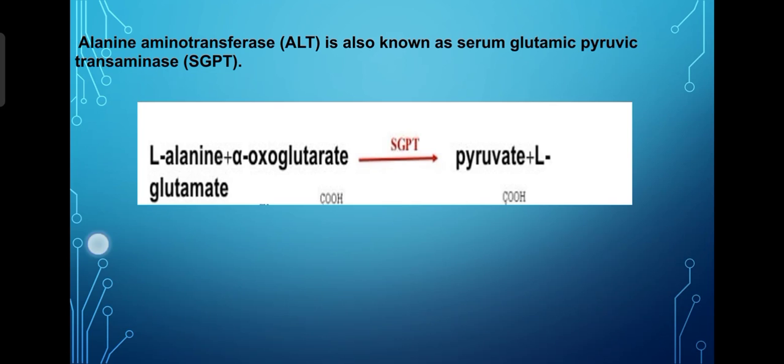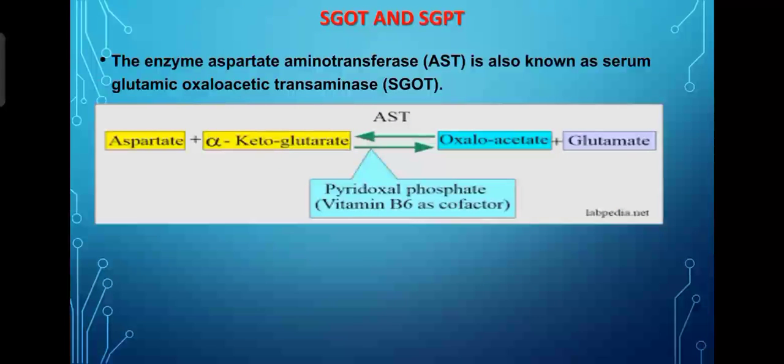These are the two enzymes involved in exchange of amino groups and oxo groups between alpha amino acids and alpha oxo acids.